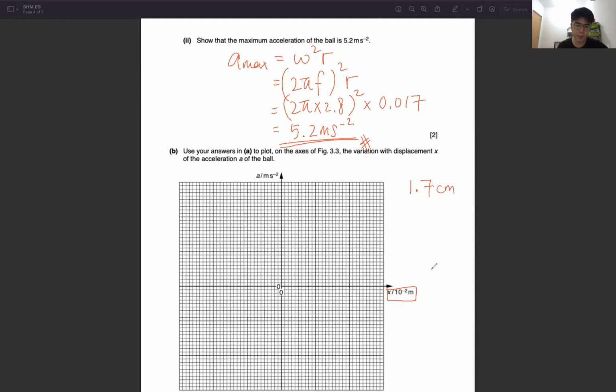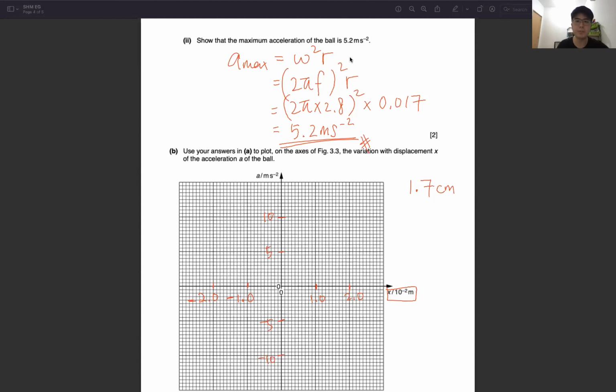So we have this times 10 power negative 2. We just write here 1.0, and we can put 2.0 negative. Okay, so 1.0, 2.0. And for acceleration, we choose a scale around 5.2, so just take 5, easier, 5, 10. This is negative 5, negative 10.